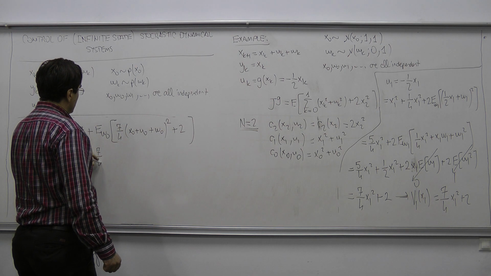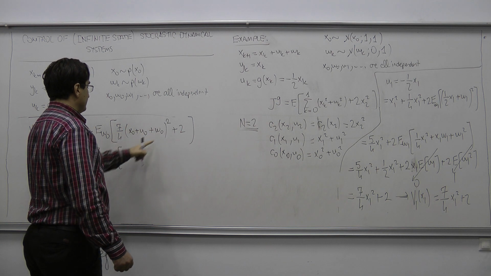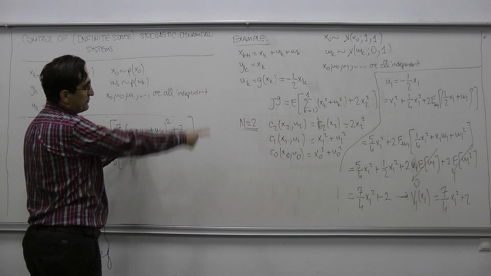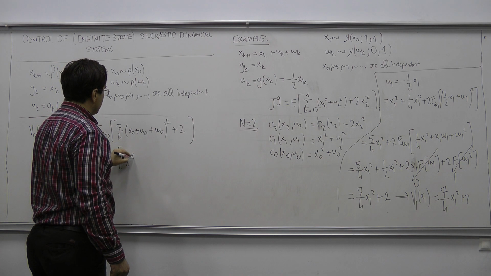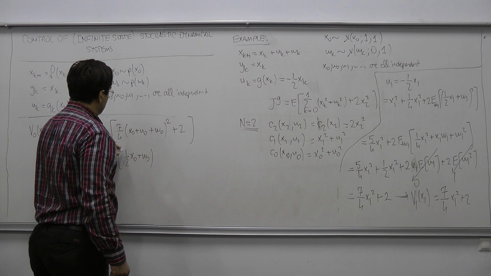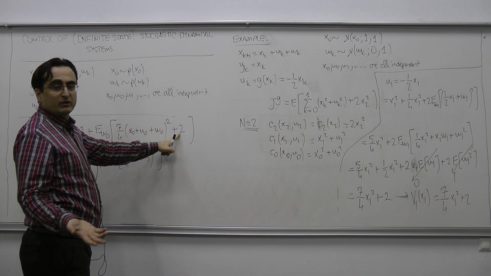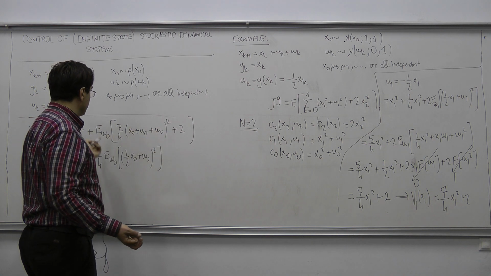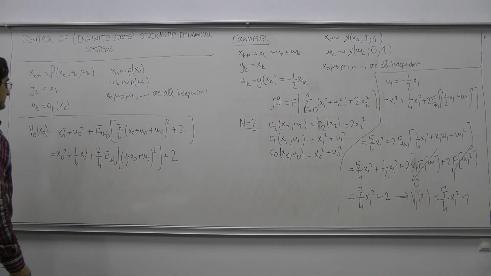So I have 7 over 4 times the expected value over W0 of this quantity, and U0 is minus 1 over 2 x0. So that means that this is (1 over 2 x0 plus W0) squared. And if I consider this term, this is just a constant inside the expectation. It's going outside directly. So I have plus 2. Okay? So now let us continue.